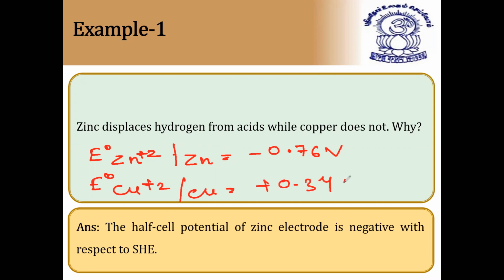So the electrode metal which has positive electrode potential cannot displace hydrogen, because the electrode potential of hydrogen is how much? Zero. So it cannot displace hydrogen, whereas the metals with negative reduction potential can displace hydrogen. So I hope it is clear. Very, very important. Next.